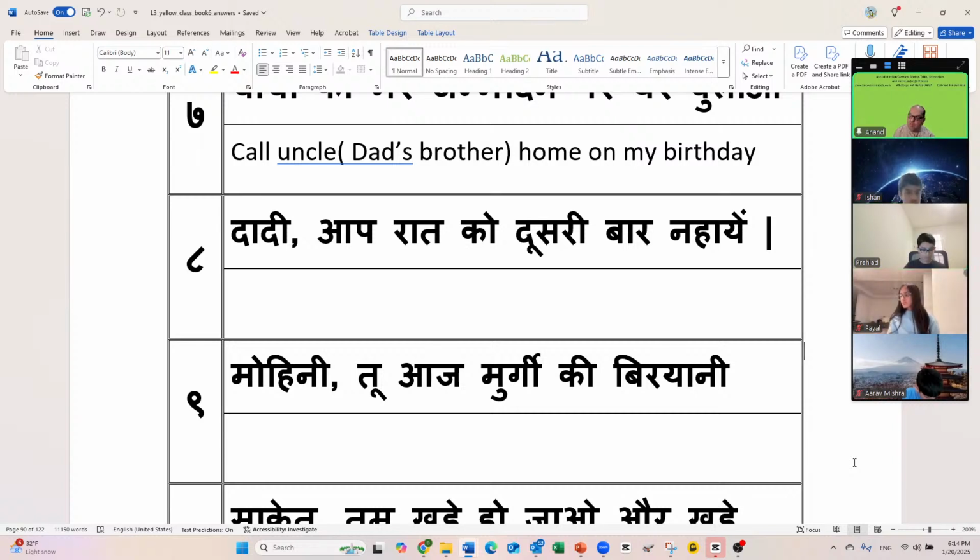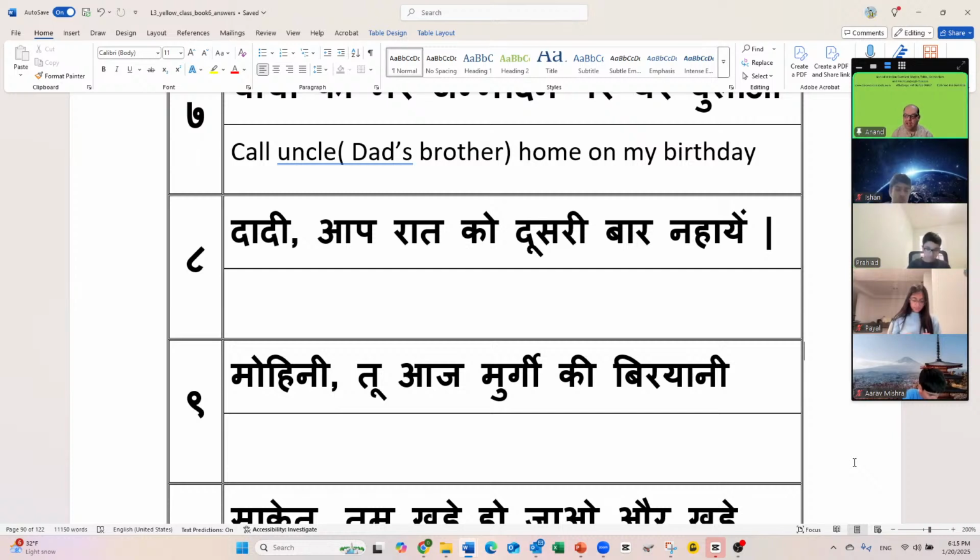What kind of conjugation of the verb gives us a habit? Remember we have done two forms, ta form and ya form. Which of the two is a habit? Ta is a habit.